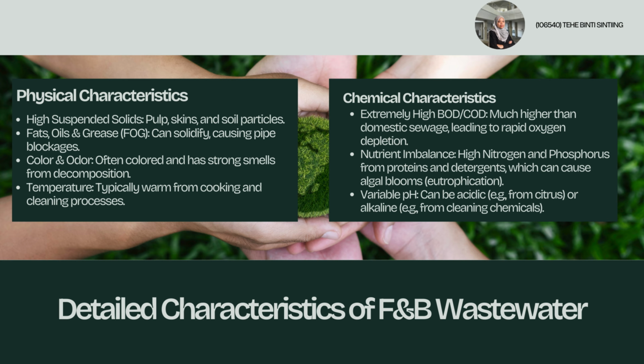The wastewater is often warm and colored and produces strong odors due to organic decomposition. Chemically, it has extremely high BOD and COD levels, which can rapidly reduce oxygen in water bodies, along with high nitrogen and phosphorus content that may lead to eutrophication, and a variable pH depending on the source.